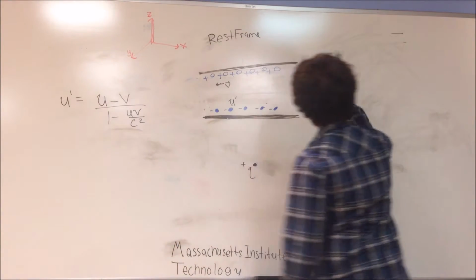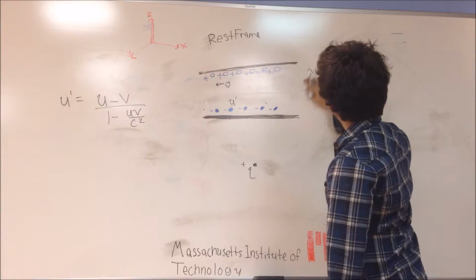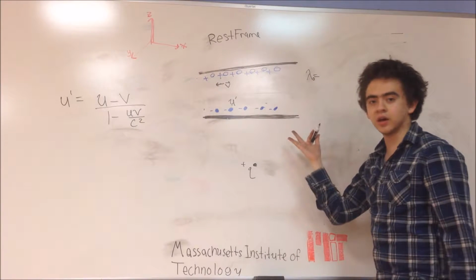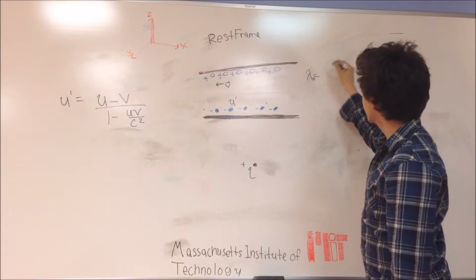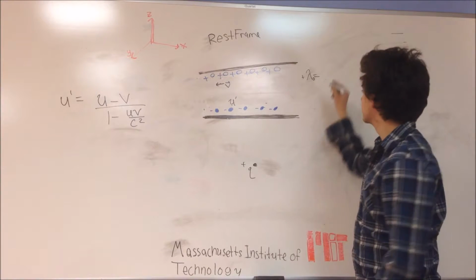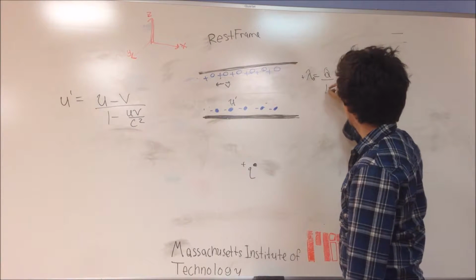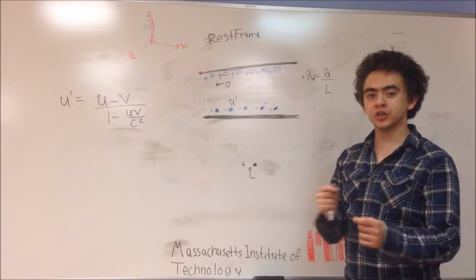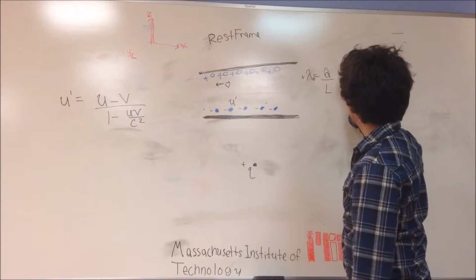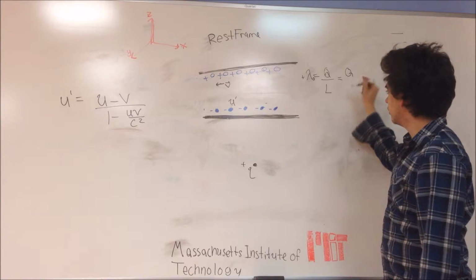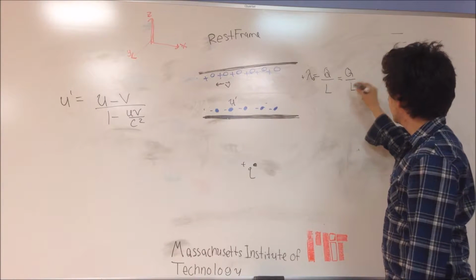Whereas the previous charge density for the positive particles was just lambda, which we denote as positive lambda, which was the charge over the length, now, since charge doesn't change with speed, this will become q over the new length.